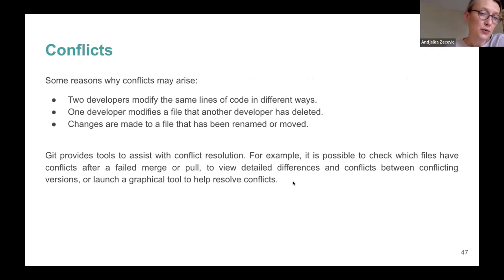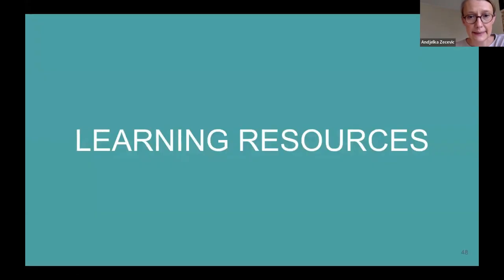And the good news is that Git provides us with tools that can assist this conflict resolution. It is possible to check which files have conflicts after a failed merge. We can view detailed differences and conflicts as we saw on the previous slide, or simply launch a graphical tool to help us resolve conflicts more easily.